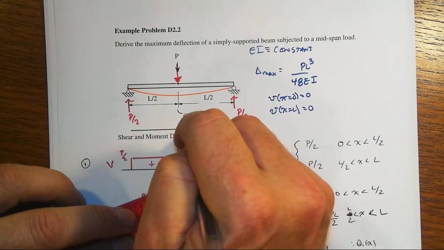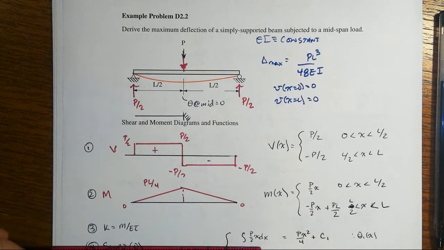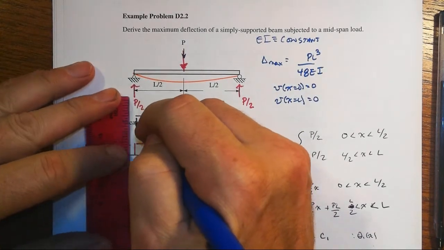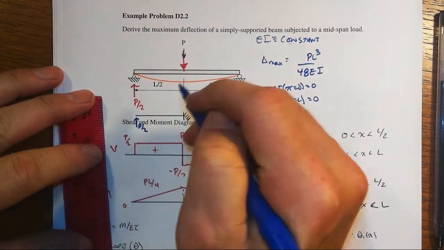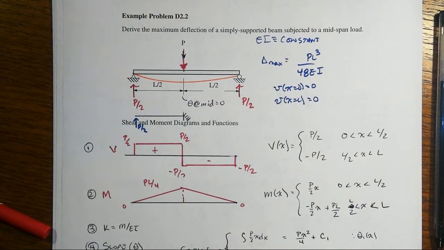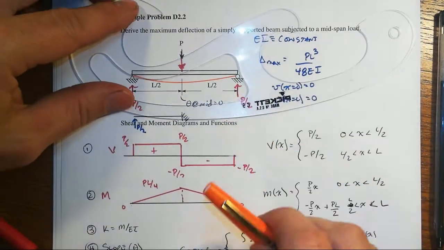a cantilever beam. That has theta of 0, doesn't it? And our concentrated load then would be out here, P over 2, and the deflected shape then, yeah, you like that?